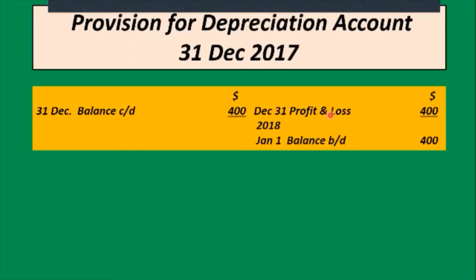That's the entry from our general journal. And then we will carry down the balance when we balance the account, and we bring it forward on the 1st of January, the balance carried down and the balance brought forward here. Now, that would take care of December 2017 for the provision for depreciation account.